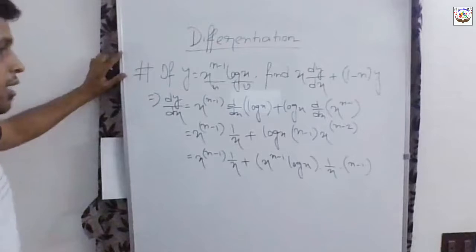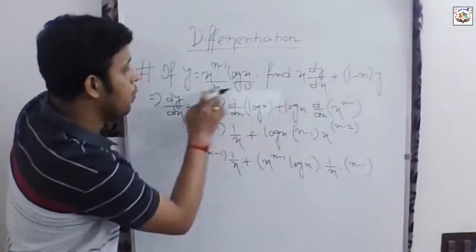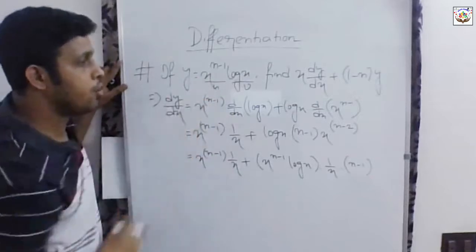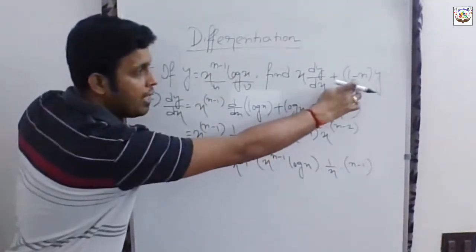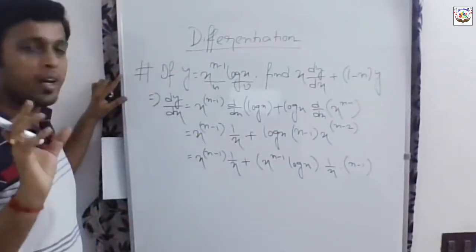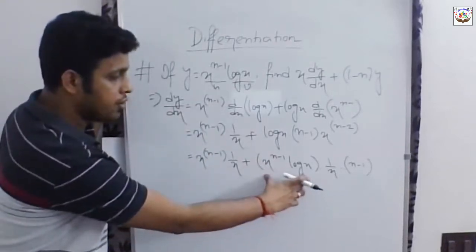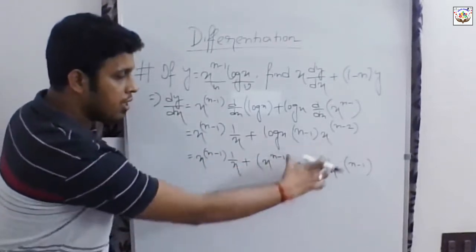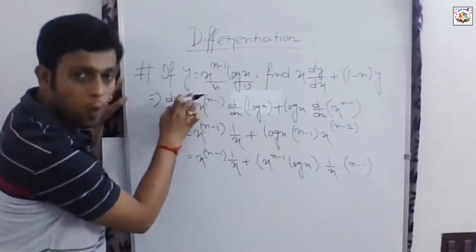Now you can see that this is our y part, y equals x to the power n minus 1 into log x. In the ultimate answer we have to find 1 minus n into y. Just try to figure this out. This is y we have, and we have just modified this part to get x to the power n minus 1 into log x, which is already y.